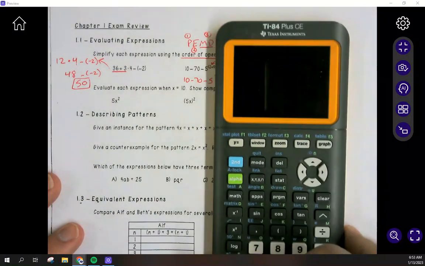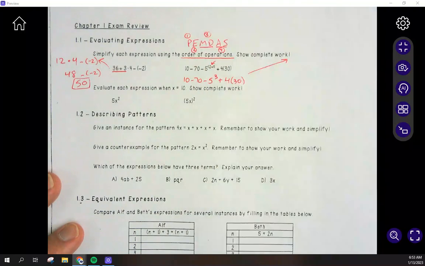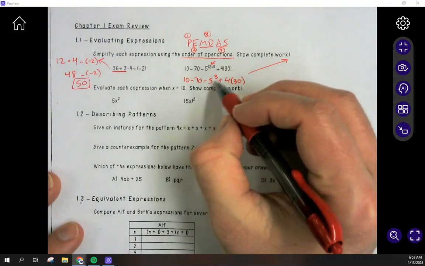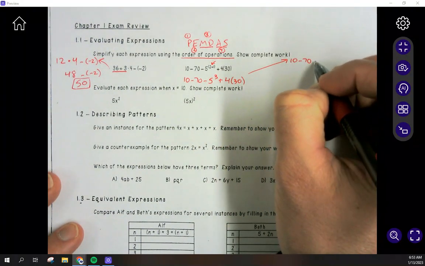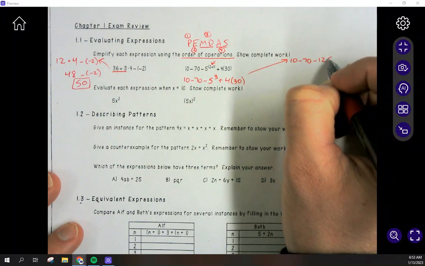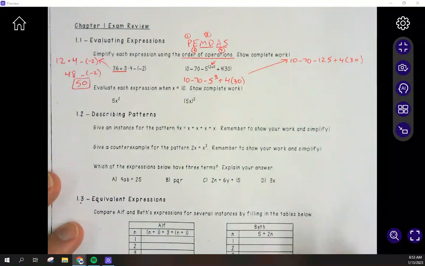So 5 to the third. Be careful, it's not 5 times 3. 5 to the third is 125, which came from 5 times 5 times 5. 5 times itself 3 times gets you that answer. So as I move this up, I'm going to change that to 125. So it's 10 minus 70 minus 125 plus 4 times 30.